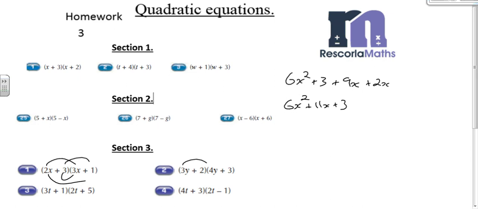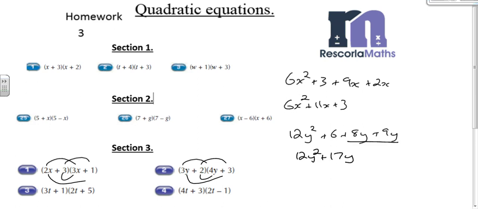Next one. 3y times 4y is going to be 12y squared. The right eyebrow, 2 times 3 is going to be plus 6. The nose, 2 times 4y is going to be 8y. The mouth, 3y times 3 is going to be 9y. So simplify all. 12y squared, 8y plus 9y is 17y plus 6.